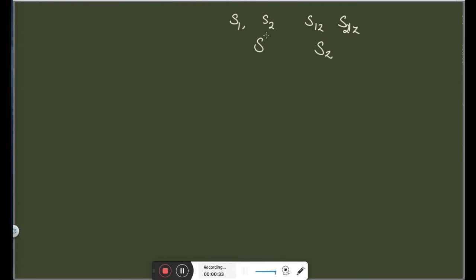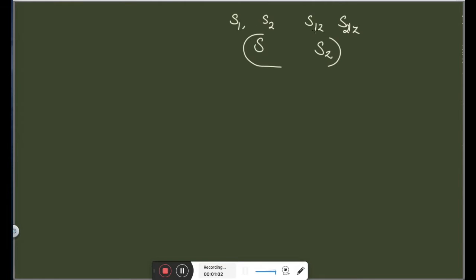So you can definitely define a basis for the two combined systems, one with S1, S2 and its components S1Z and S2Z, or you can say that S1 is this much, S2 is this much, and total S and its total component SZ. Either S1, S2, S1Z, S2Z as one basis, or S1, S2, S, SZ as the second basis.